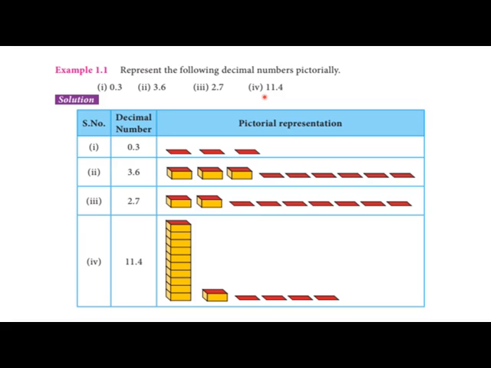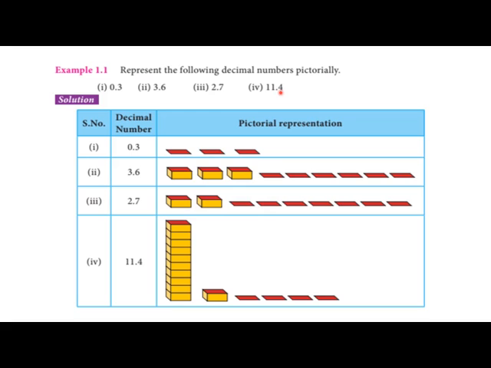If it is 2 means you have to draw 2, but the number is 1, that is in tens place. For tens place you have to draw one full block, that is with 10 boxes. 1, 2, 3, 4, 5, 6, 7, 8, 9, 10. So for 10 boxes you have to draw.